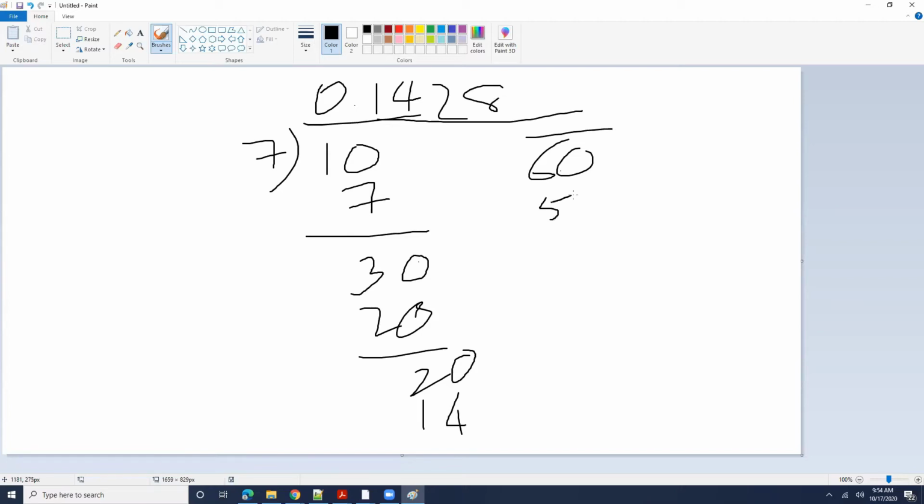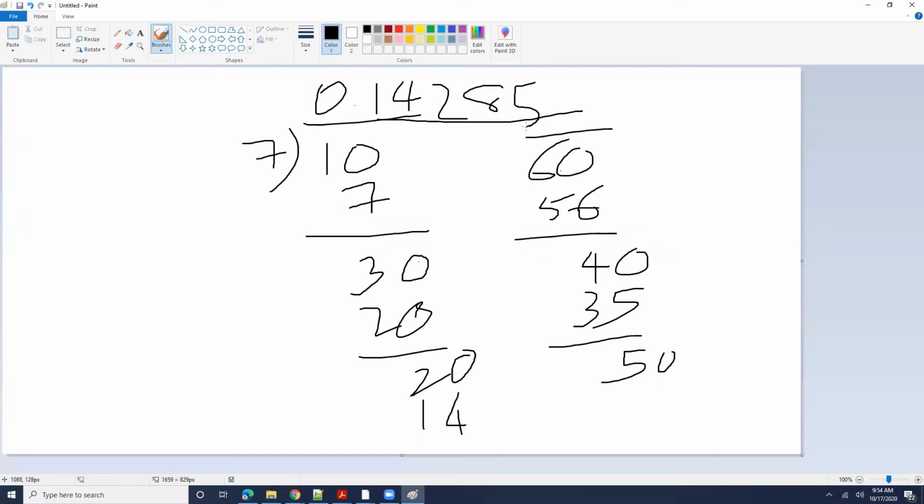So that gives me 56. 4, another 0. Now 5, okay, 35. So 5, another 0. And then 7, okay. So 49, and now we are left with a 1, right?